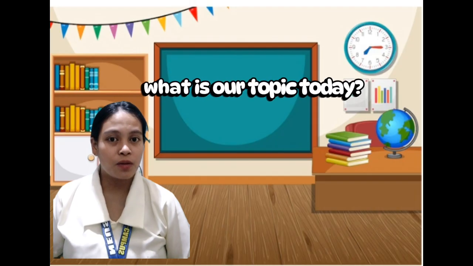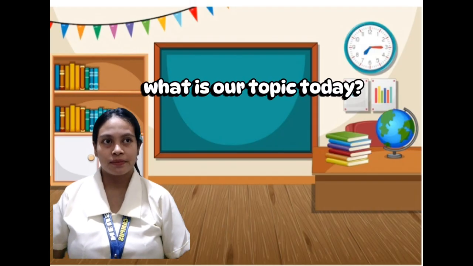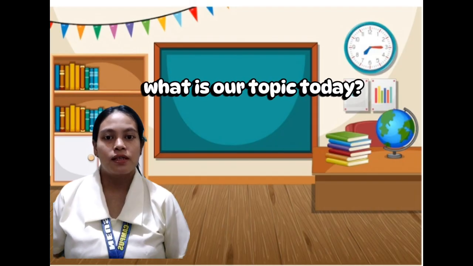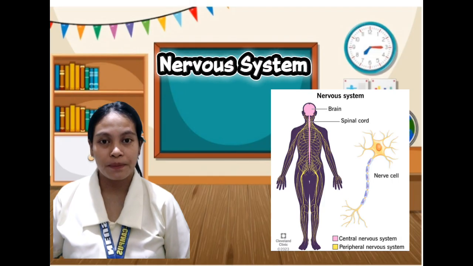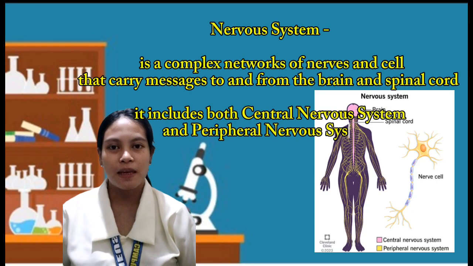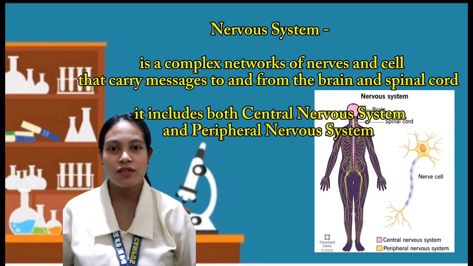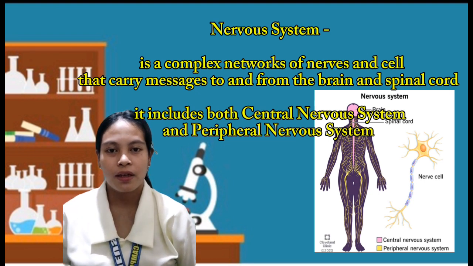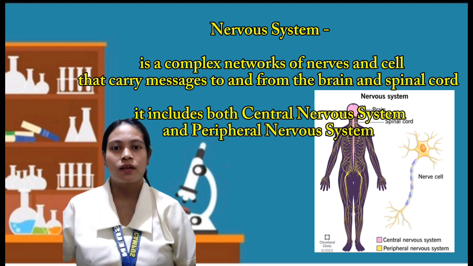Okay, class. Based on the activities, what is our topic for today? It's about the nervous system. The nervous system is a complex network of nerves and cells that carry messages to and from the brain and spinal cord.